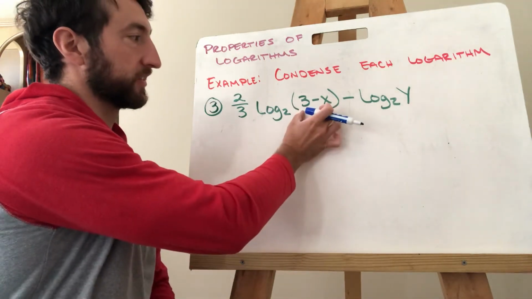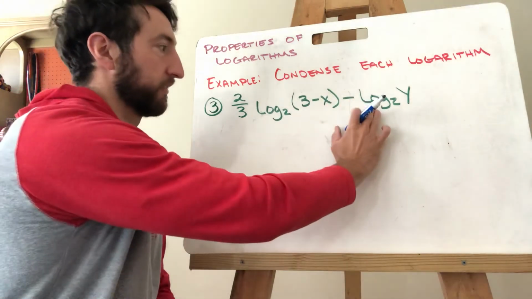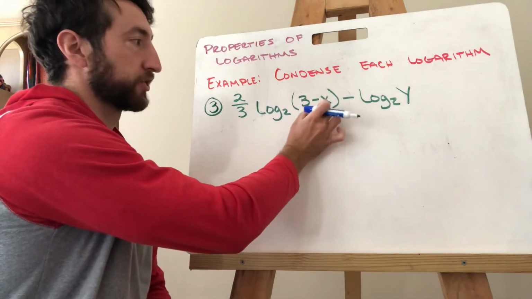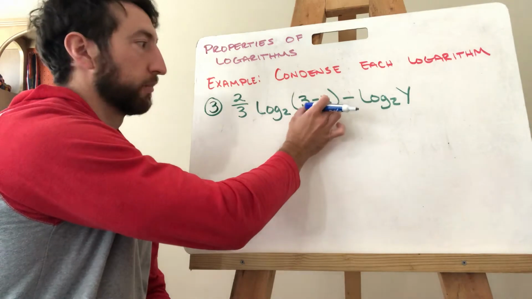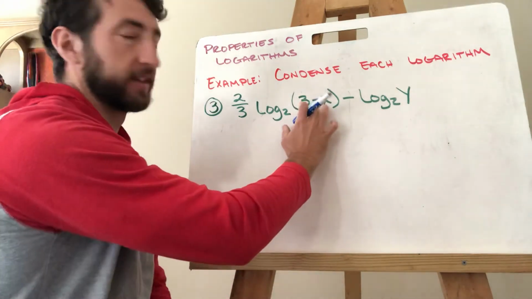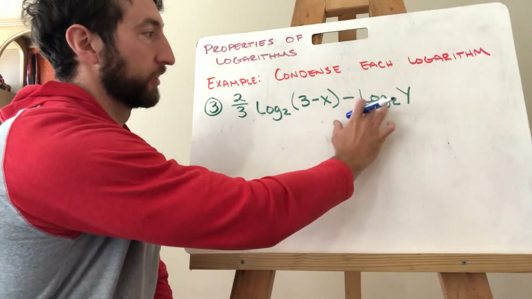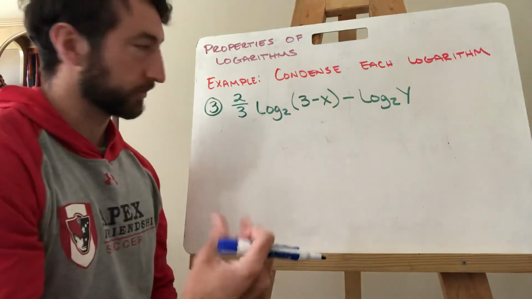We also have this minus. The minus applies whenever we have two logarithms, but here, if it's just between a number and a variable, we're going to leave that together. So we don't want to divide these. It's only division if we're subtracting two logarithms.